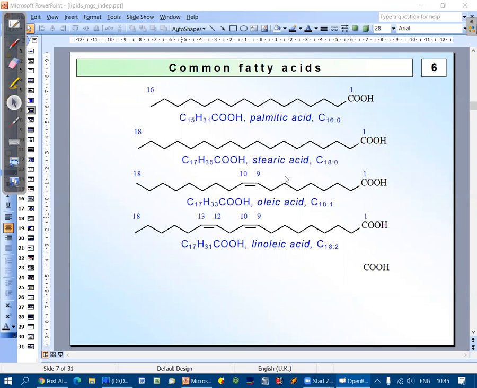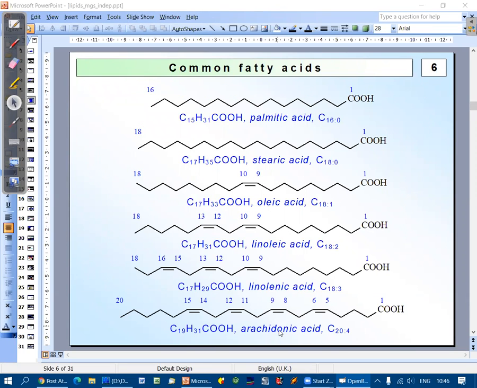By the way, all of them have trivial names. That's because they were isolated from naturally occurring compounds and got their trivial names.